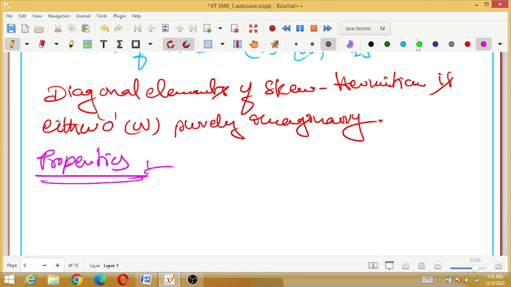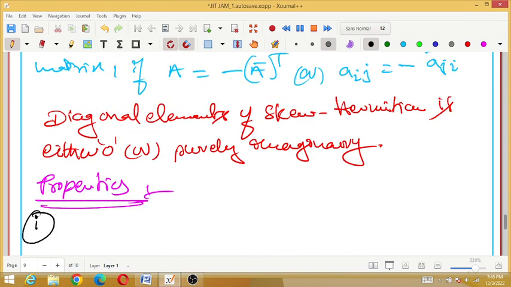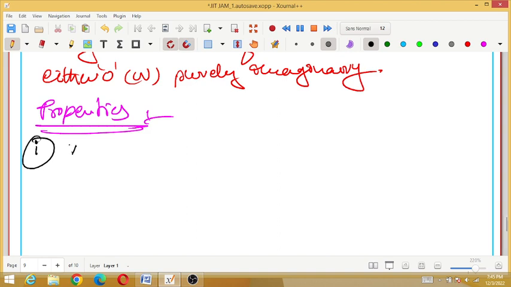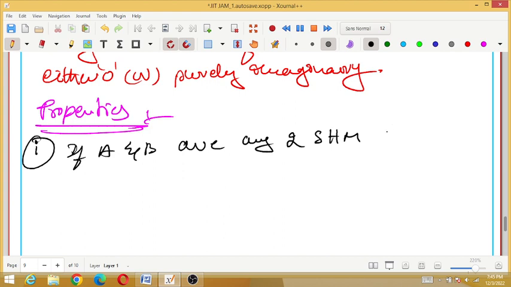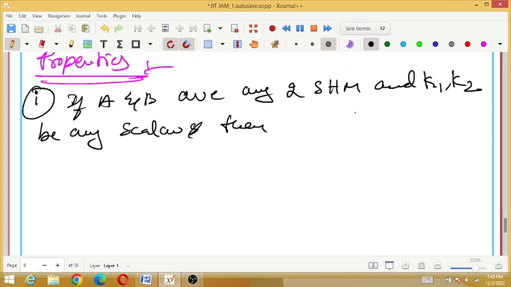Properties. See here, first one. If A and B are any two skew Hermitian matrices, skew Hermitian I am always denoting SHM, and K1, K2 be any scalars, then some conditions are there.